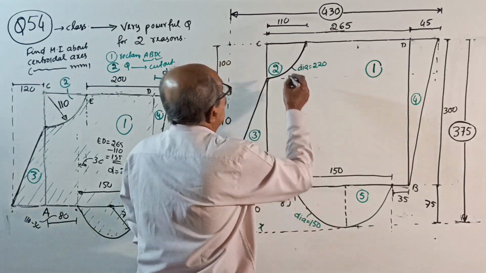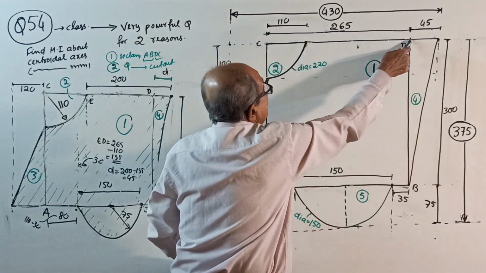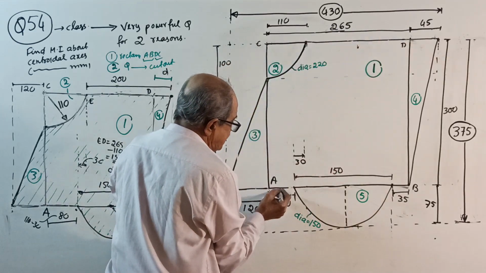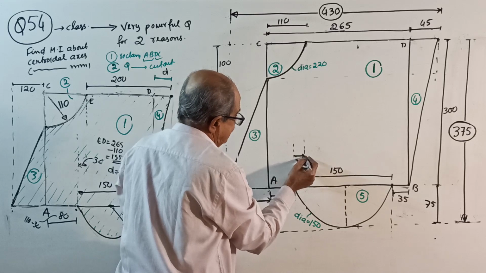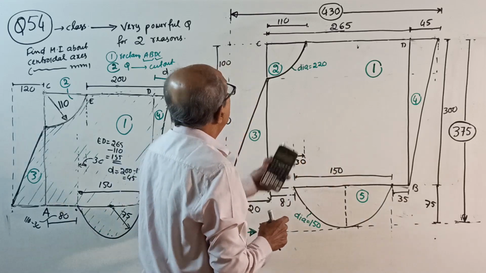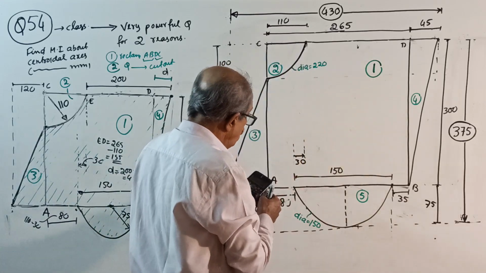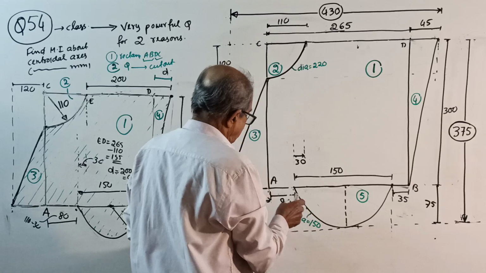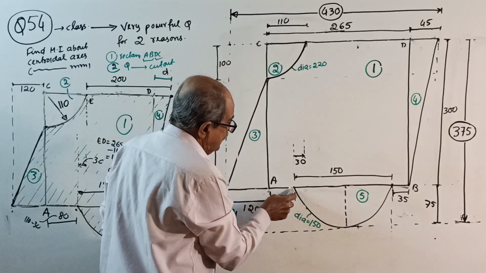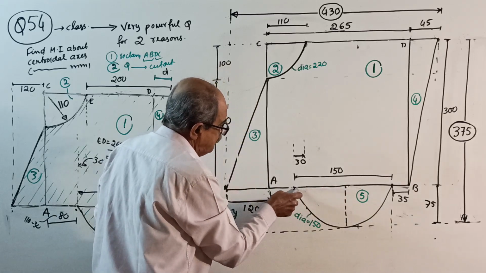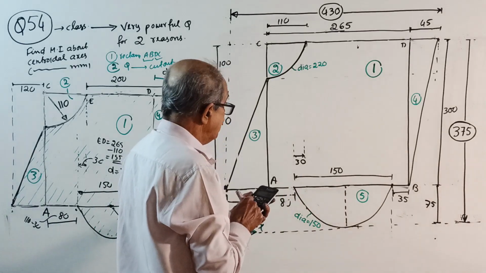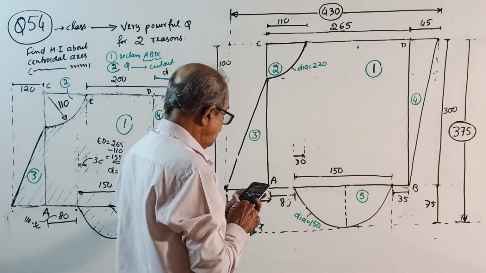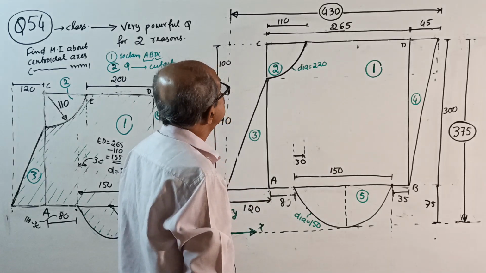See, 132.5 here or from here. 80 plus 30 is 110. So how much did I tell? 132.5. So it is further this side. Whereas 80 plus half of 150, 80 plus 150 by 2 is 155.